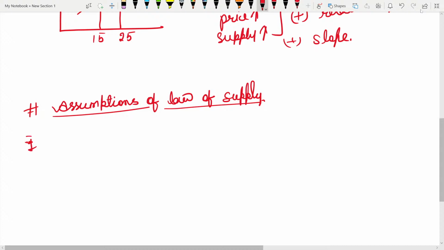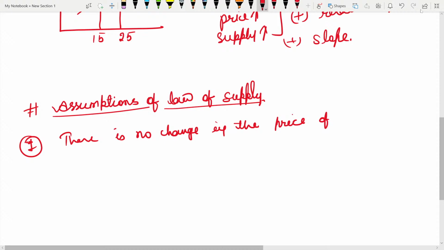The first assumption is that there is no change in the price of factors of production. And second, we can also write that there is no change in techniques of production.